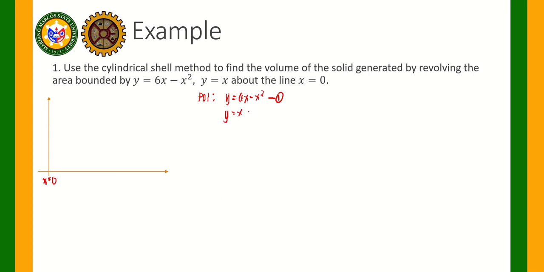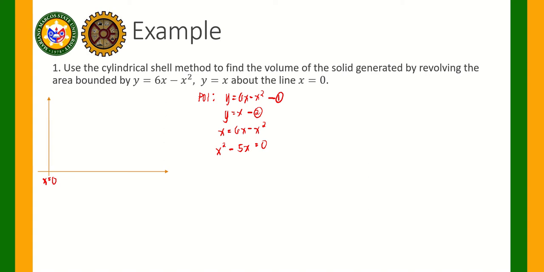This is equation 2. So, plug natin si equation 2 kay equation 1. So, this will be equal to x is equal to 6x minus x squared. If we are going to rearrange this one and combine like terms, we will have x squared minus 5x equal to 0. So, we transposed these terms dito sa kabilang side.